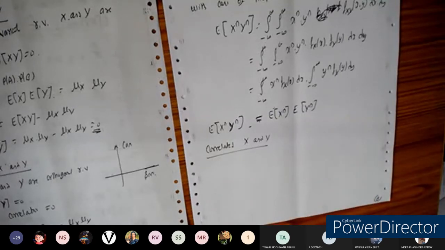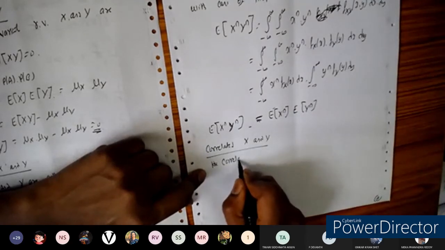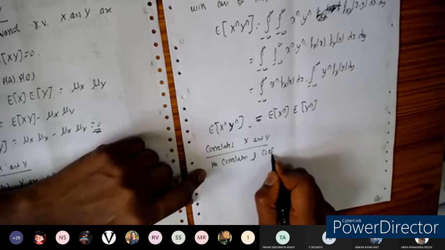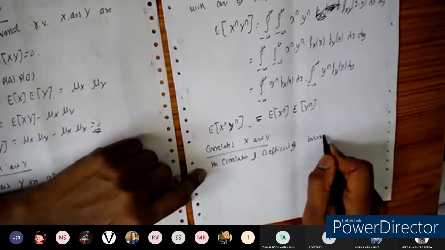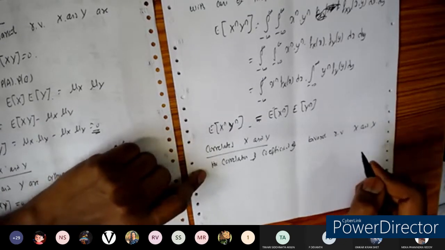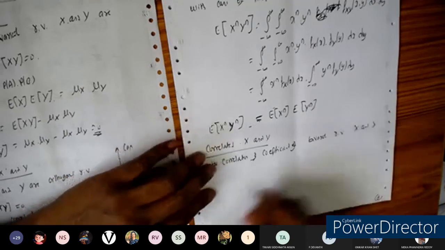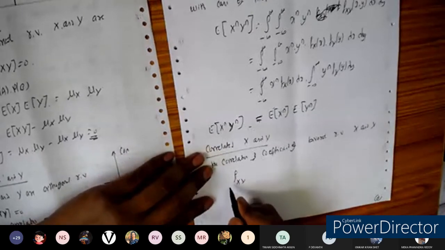We are going to define the correlation coefficient of the bivariate random variables X and Y. It is given by rho, this symbol, R-H-O, rho.